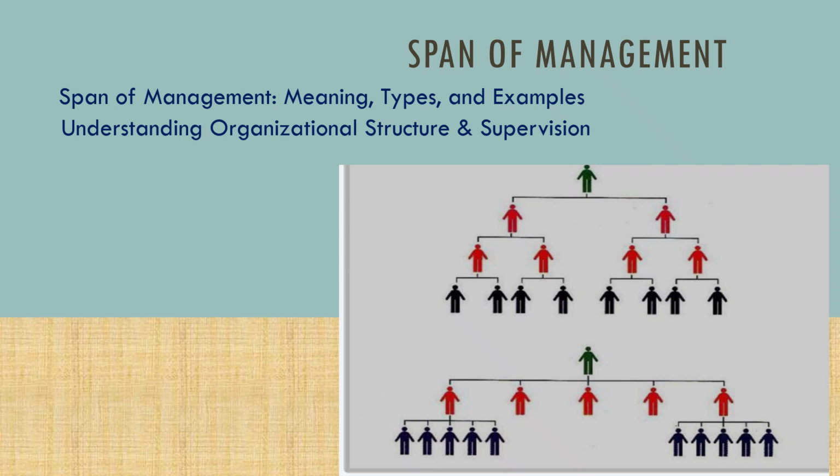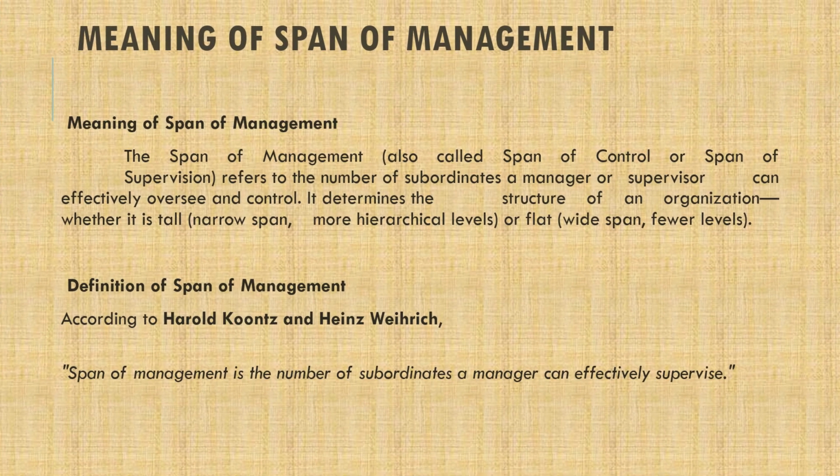Now, prior to this, let us understand the meaning of span of management. Span of management is the number of people or subordinates that the manager can control and manage. The term span of management is also known as span of control and span of supervision.